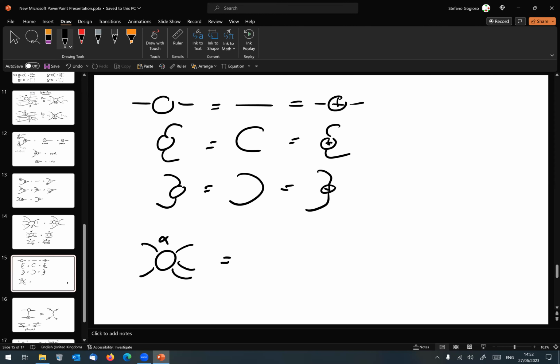I unfuse it, and I get this spider here, and then I refuse it again. In fact, I make the snake here, which is also fusion, but then I fuse the top one, and I am left with a spider that has one extra input leg that gets bent out.